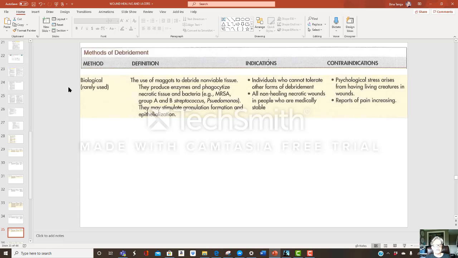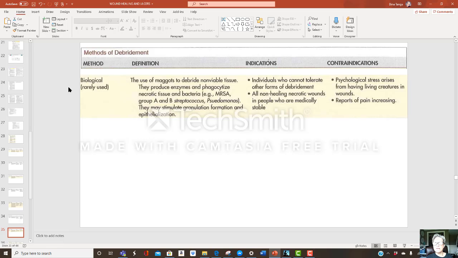Biological method of debridement is rarely used. It is the use of maggots to debride non-viable tissue. They produce enzymes and phagocytize necrotic tissue and bacteria such as MRSA, group A and B strep, and Pseudomonas. They may stimulate granulation formation and epithelialization.